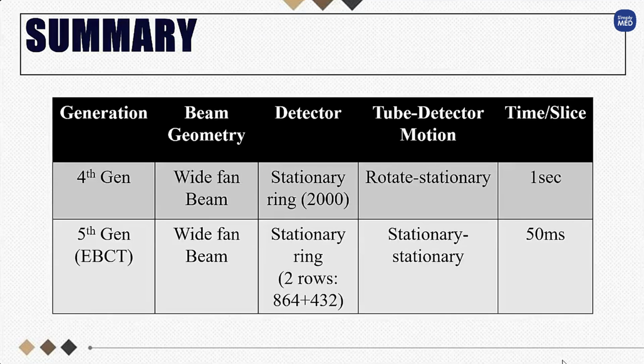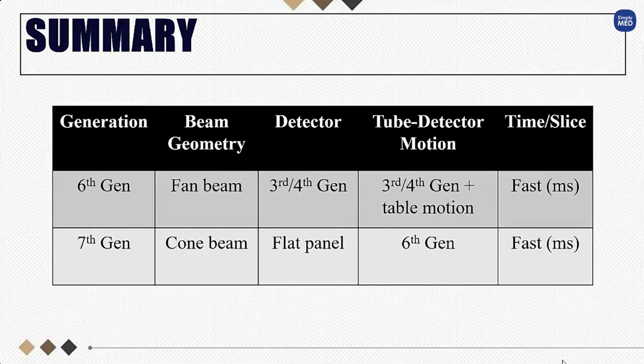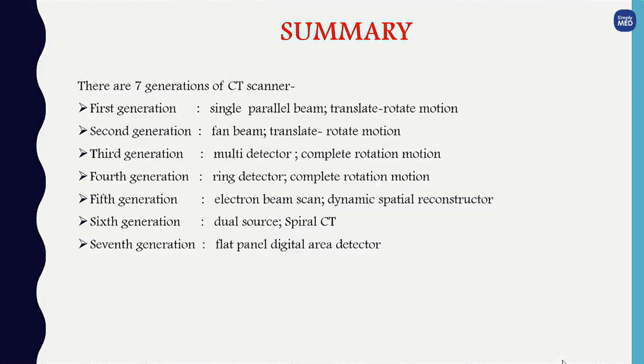Fourth generation, we used again a wide fan beam with a stationary ring, so rotate-stationary, and there are two types in the fourth generation. Fifth generation uses a wide fan beam with a stationary ring. Sixth generation is a fan beam, third and fourth generation plus spiral motion. Seventh generation is cone beam.